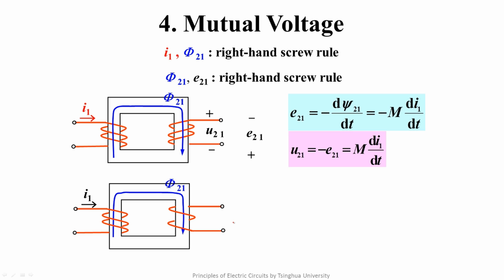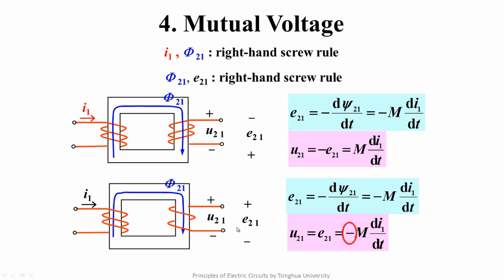According to the definition of the reference directions in Faraday's law, we need an electromotive force with the direction positive above and negative below, so as to get E21 equals minus d psi 21 over dt equals minus M di1 over dt. But the voltage on the right side also needs to be positive above and negative below. Hence, U21 equals E21 equals minus M di1 over dt. It is a little troublesome compared with the derivation of the relationship between the inductor's current and voltage.